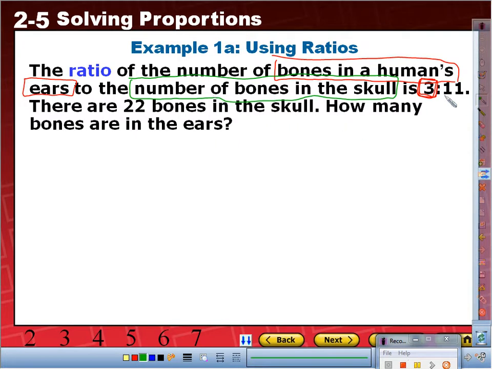So guess which one corresponds to the skull? 11. Do we know how to write this as a ratio, as a fraction? Yes, so I write 3 over, what goes on the denominator? 11.